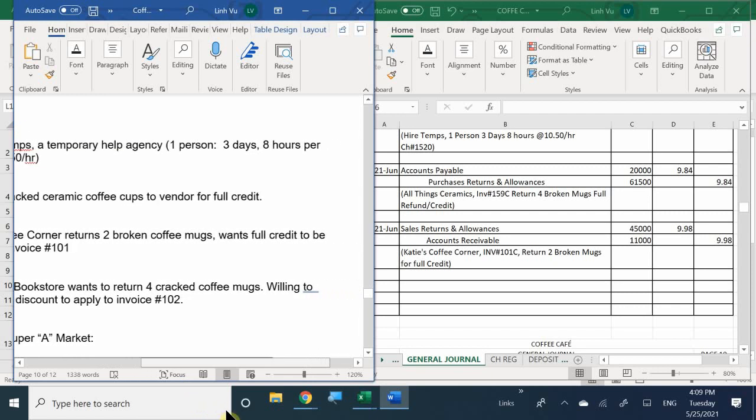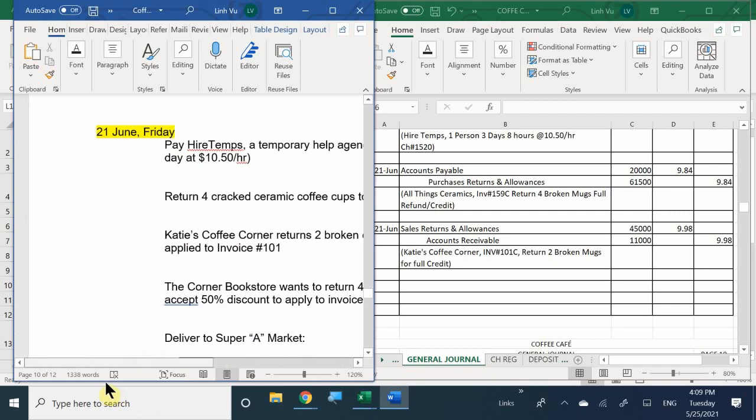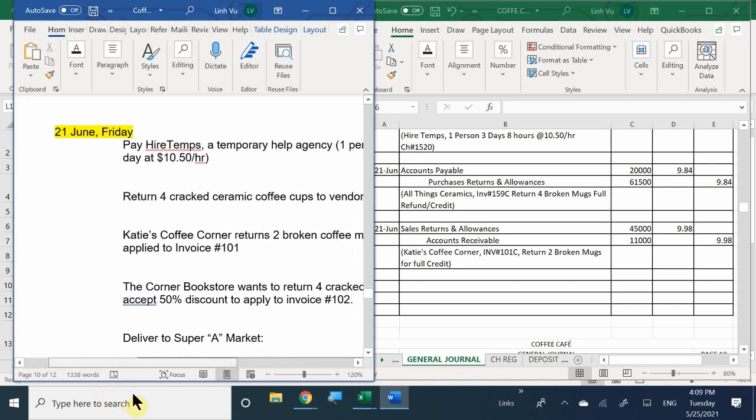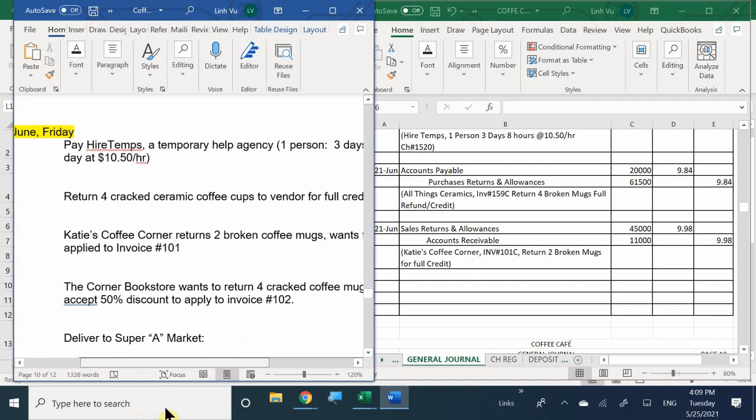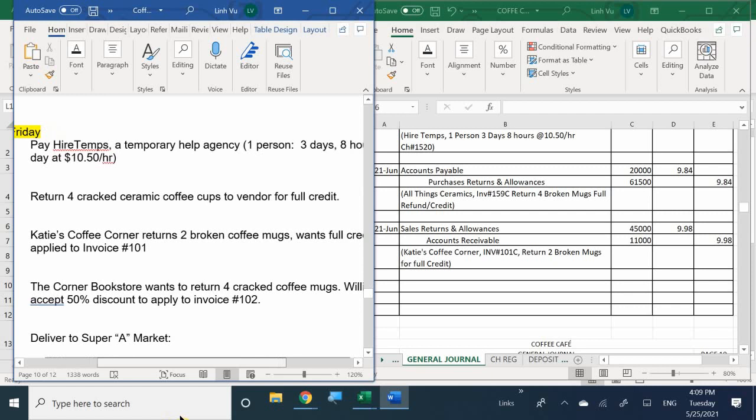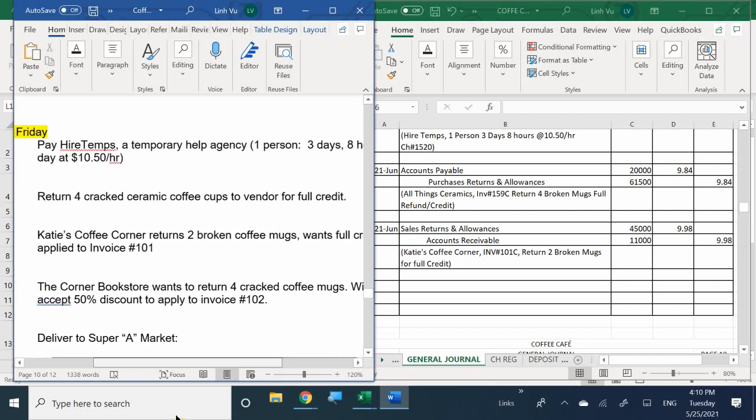But what happened here? Someone said, "Hey, we'll give you credit. Maybe you did it, not us." And they said, "Sure, we'll take 50%, not the whole amount." So we are going to be crediting or refunding him at least 50%, and he wants to apply it to the invoice number 102. So how are we going to credit the corner bookstore?